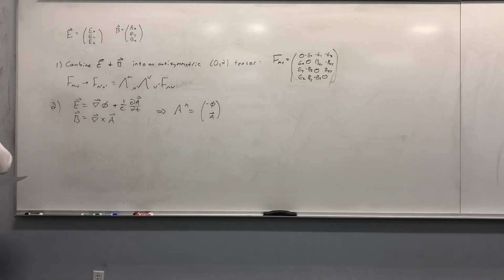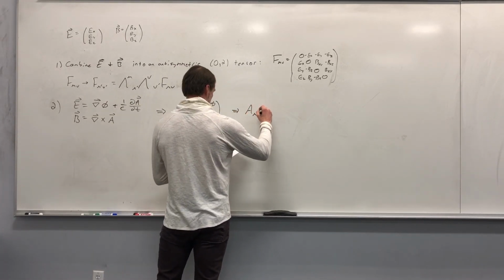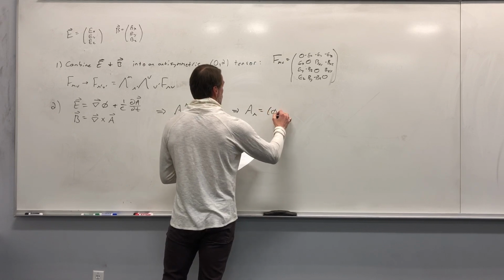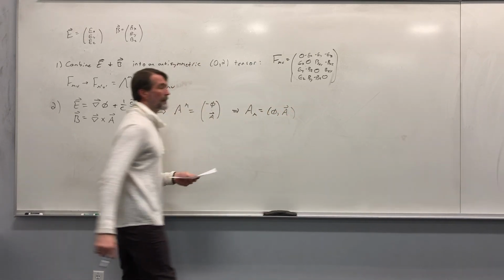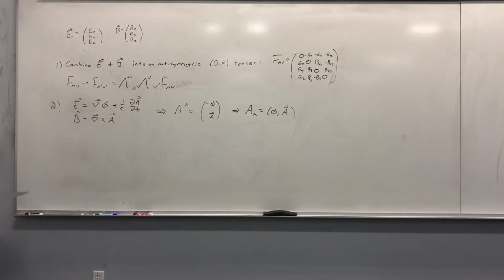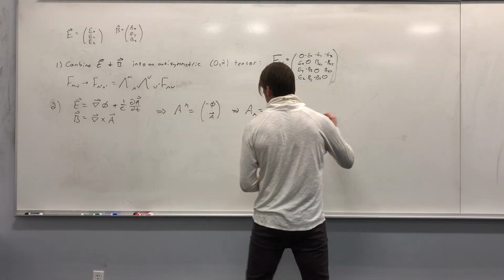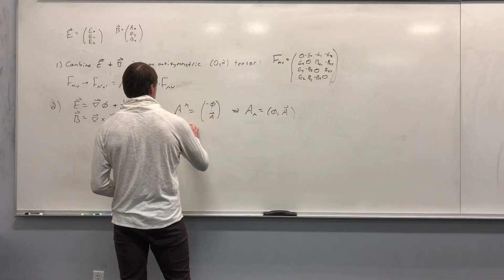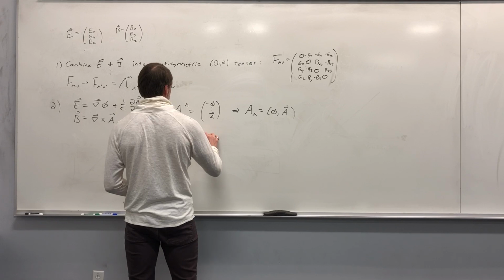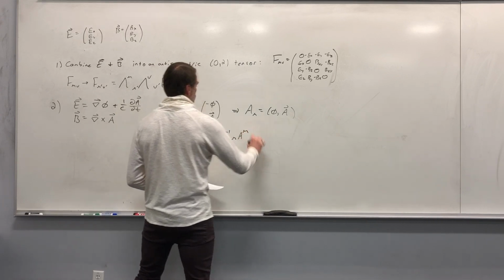However, this has a spatial vector and a scalar component. These can be joined nicely into what we call the 4-vector potential, whose time-like part is minus the scalar potential and whose space-like parts are just the vector potential A. Now, of course, the dual vector form of this would be phi, A. Just change the sign on the time-like term. And we, of course, know that as a vector, this will transform appropriately.